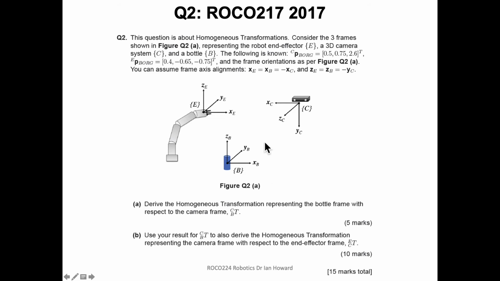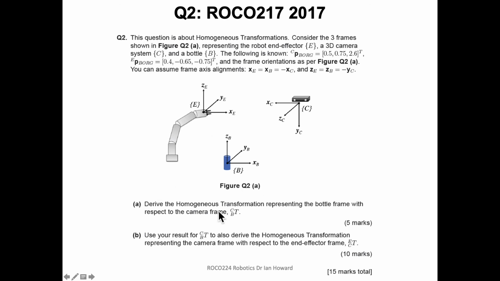So what we have to bear in mind is that it's telling us that XE, the direction of the x-axis in E, is the same as B. It's also the same as negative x in C. And it's also telling us that Z in E, the one going up here, is the same as Z in B, and this one is then the same as negative Y in C. You can get that information just looking at the frames, but that's just to confirm it.